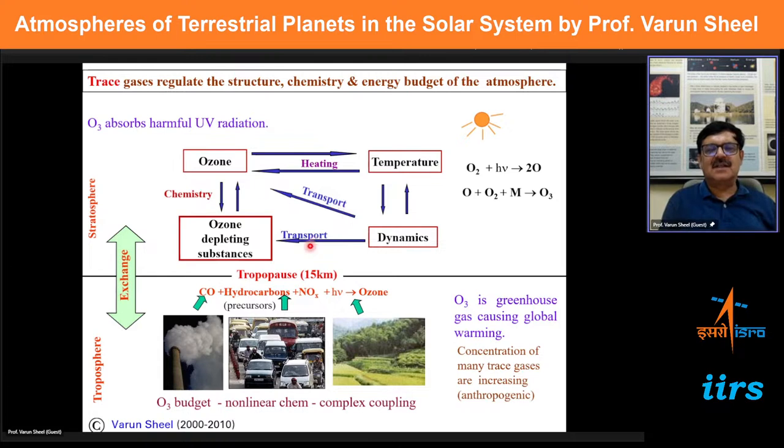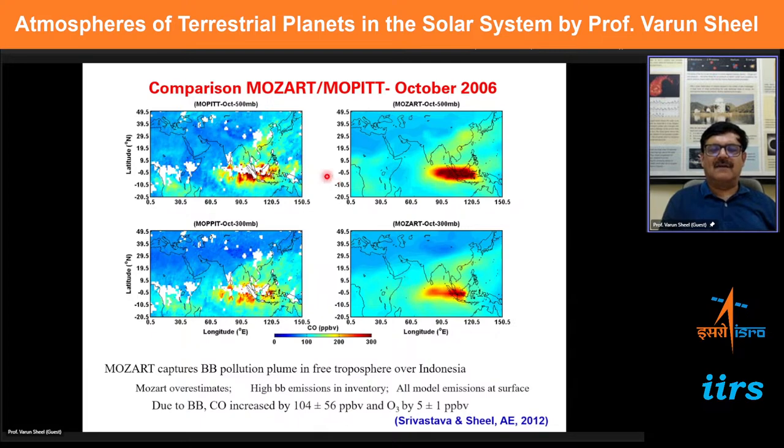These processes, the chemistry, the dynamics, radiation, are all coupled to each other, and phenomena at the lower regions affect many of these emissions, and they increase the trace gases. So these trace gases and greenhouse gases are increasing, and all of these coupled processes, we have modeled them and tried to compare with observations.